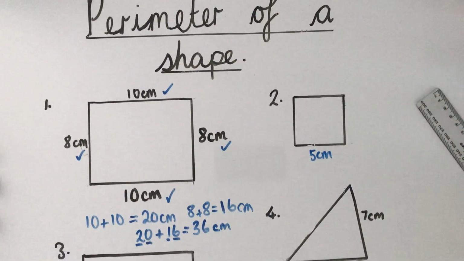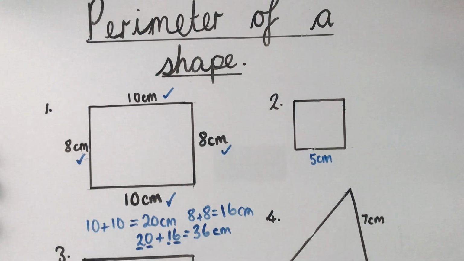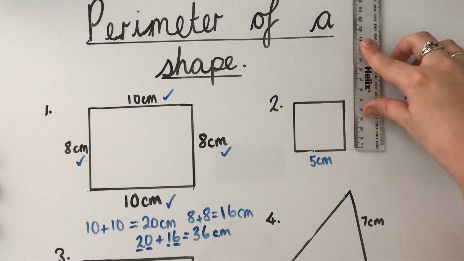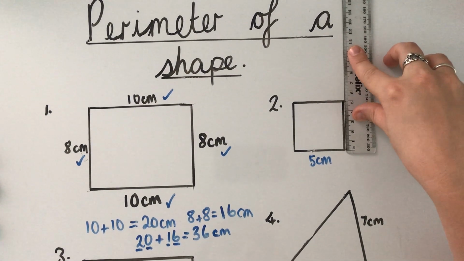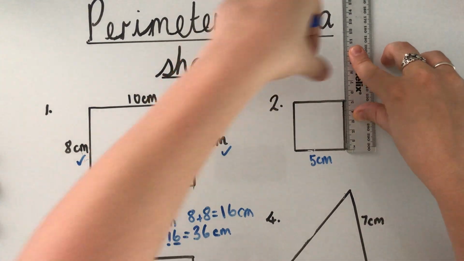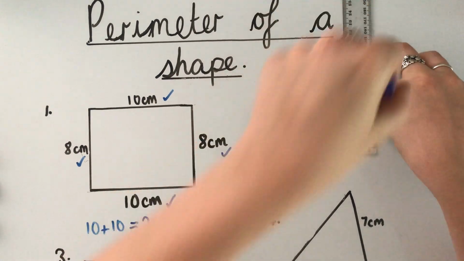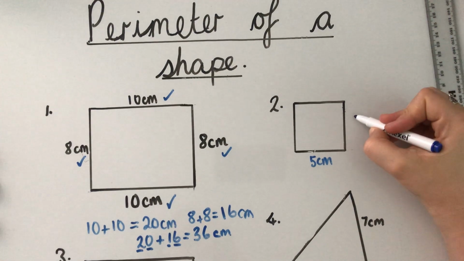And remember, finding the perimeter means that we need to add the lengths of all of the sides. Okay, so this one you can see is 5 centimetres as well.